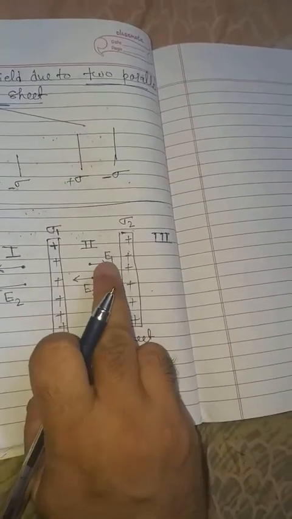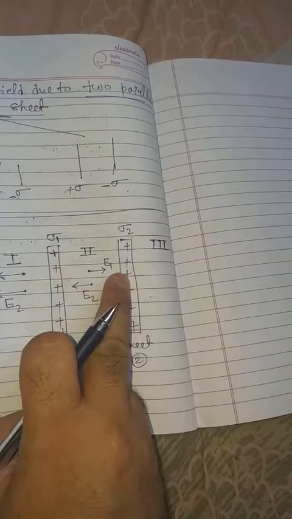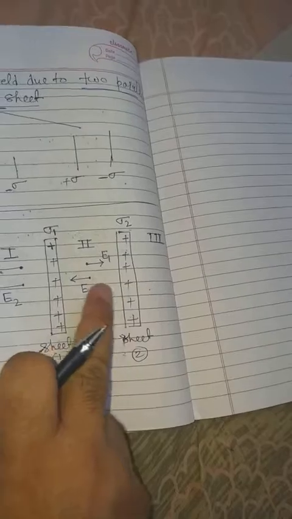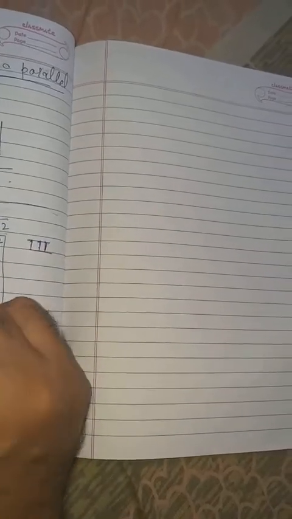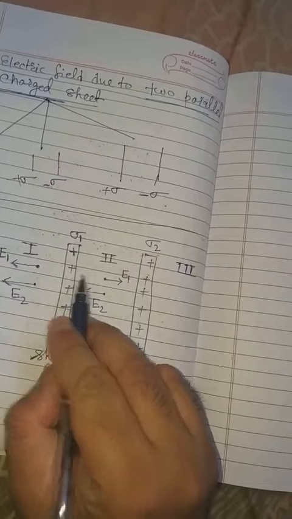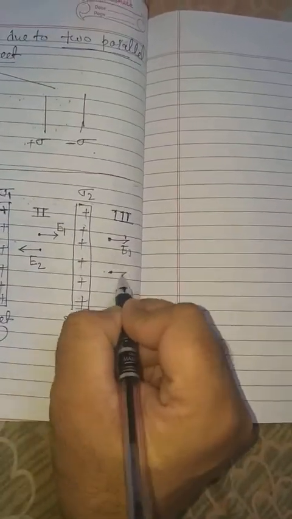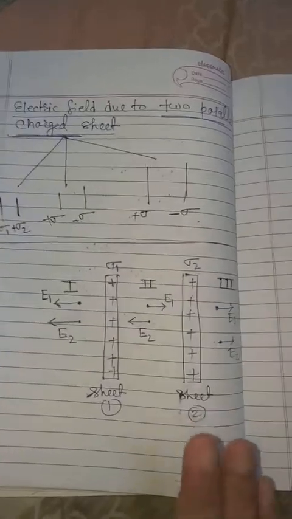Because E1 is the electric field due to sheet 1, and sheet 1 repels this charge, and this is the electric field due to sheet 2, and this sheet repels this charge. And in the third region, same way, the first sheet repels this charge, so this is E1. The second sheet also repels this charge, so this is E2. So this is the direction of the electric field.